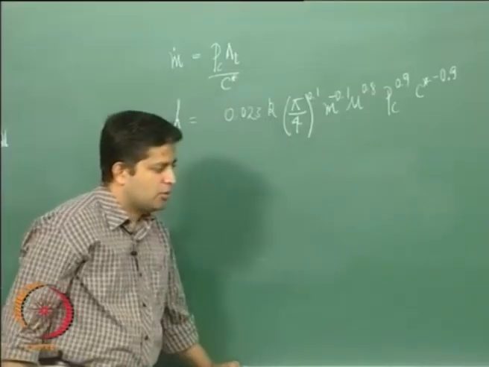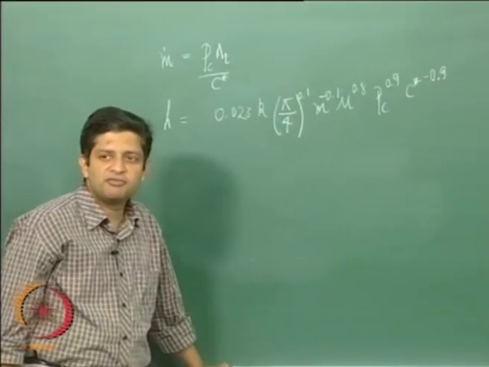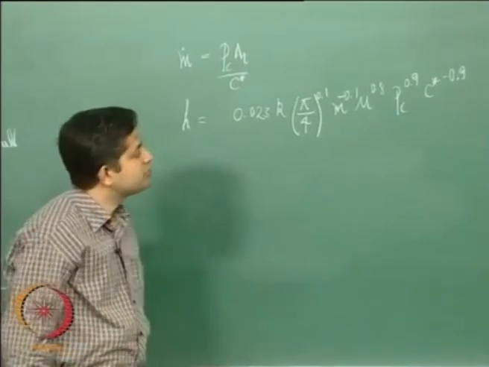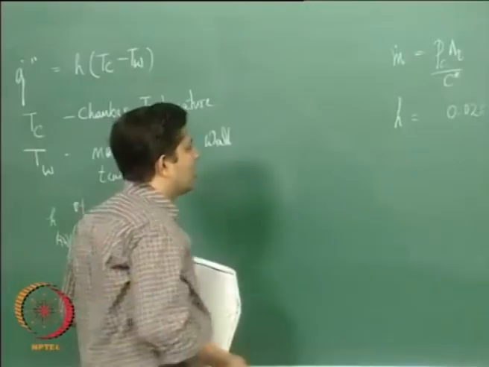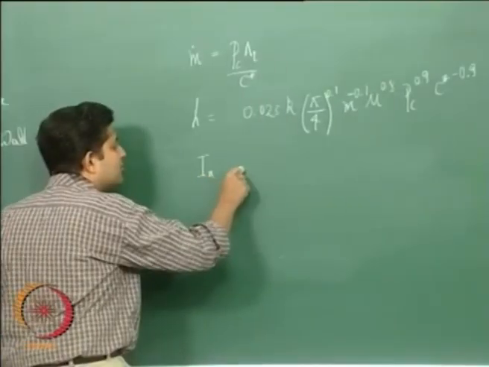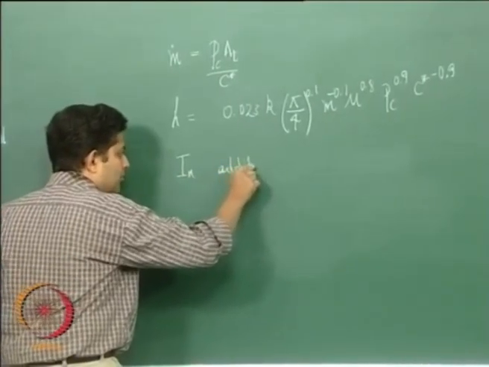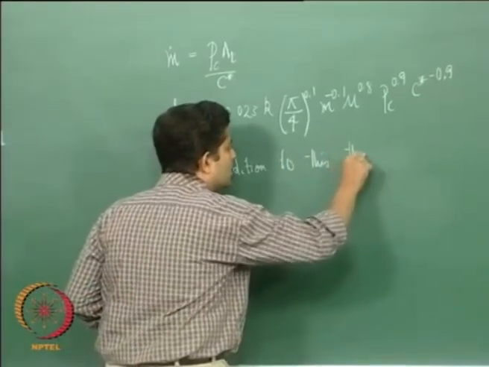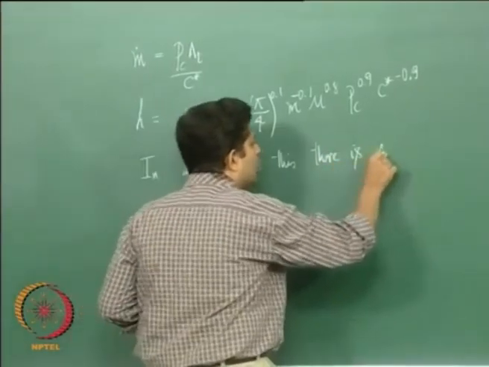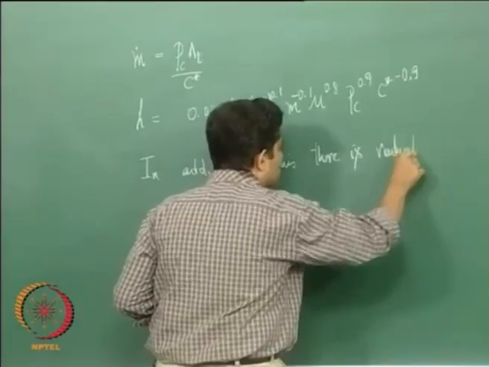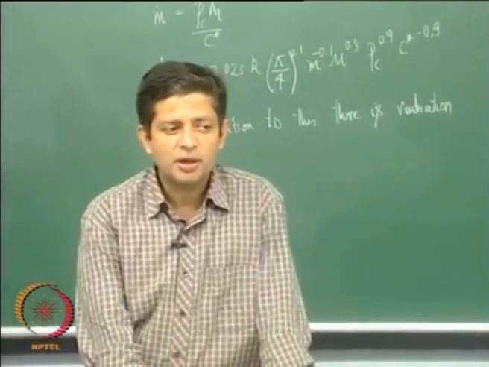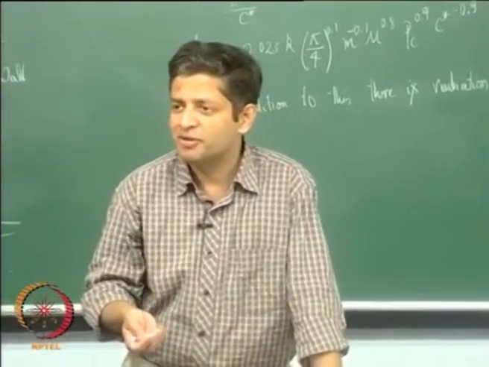Now what we have looked at is only one part of how the heat gets transferred back to the walls, that is by convection. In addition to this, there is radiation. If you look at a composite propellant solid rocket motor, it will have something like 18% of aluminum, right.